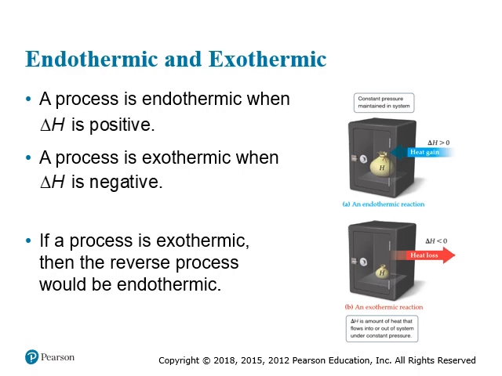Now we deal with delta H, which is the change in enthalpy, which again is essentially the heat that is being transferred from the system to the surroundings or from the surroundings to the system, depending upon the endothermicity or exothermicity of a process. If a process is indeed exothermic, then the reverse process would be endothermic.